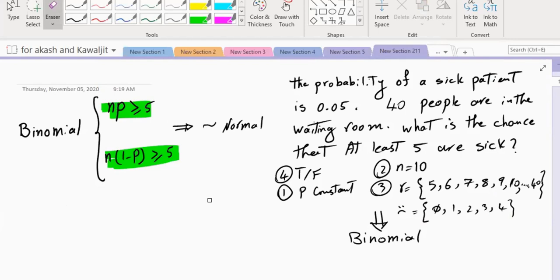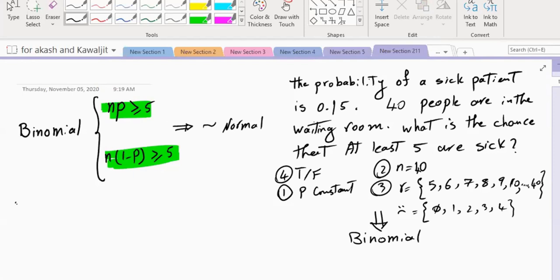Now, let's say that the probability of sickness changes from 0.05 to 0.15. Now, it is still a constant P. The number of experiments is 40. What will make us happy is from 5 to 40. What will make us unhappy is those 5.